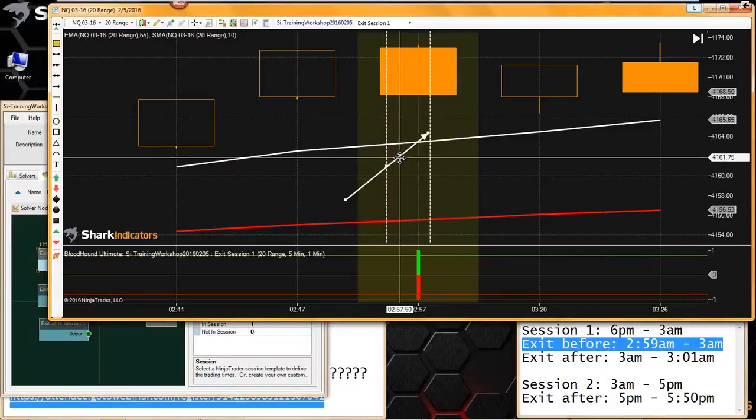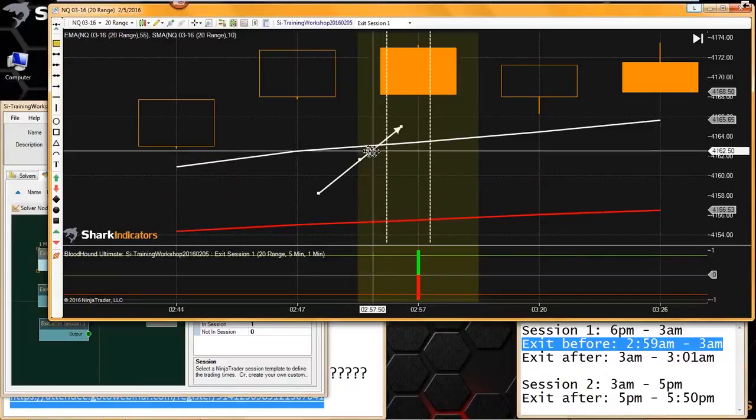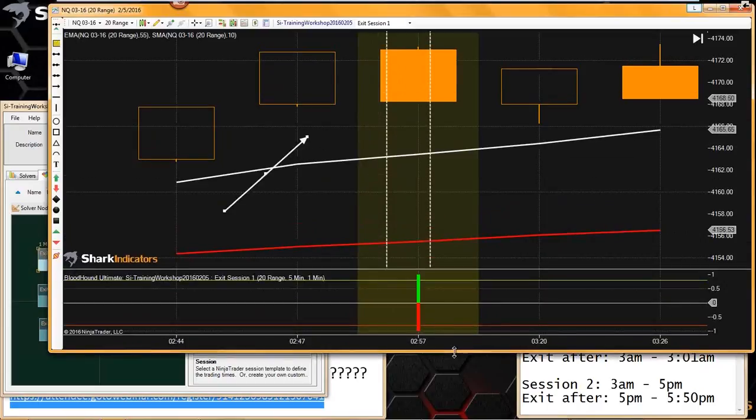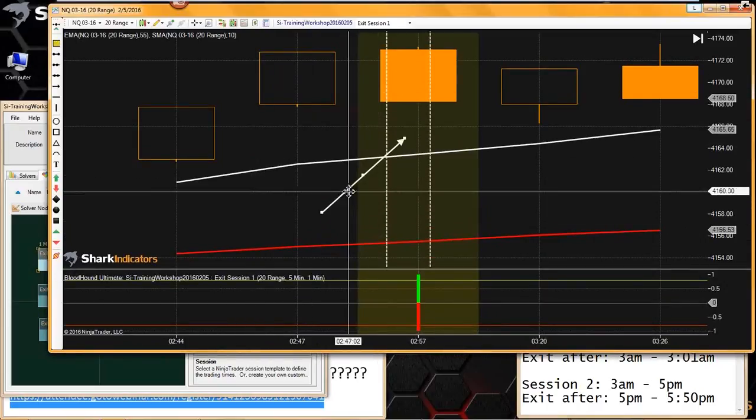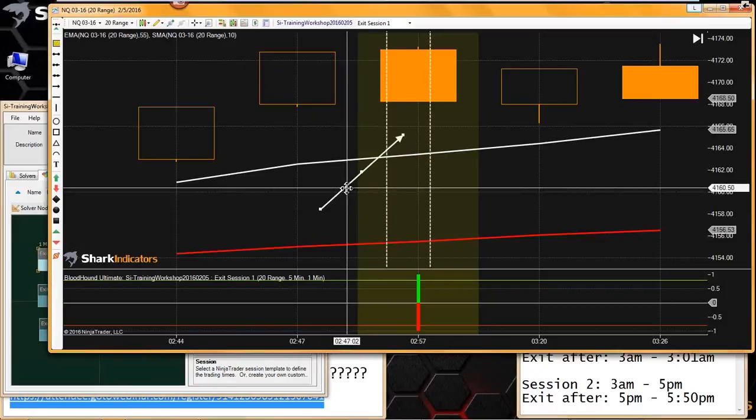And that's correct. That is one of the issues that you run into when working with non-time-based bars. It's just something that you have to deal with, one of the inherent facts of working with charts.